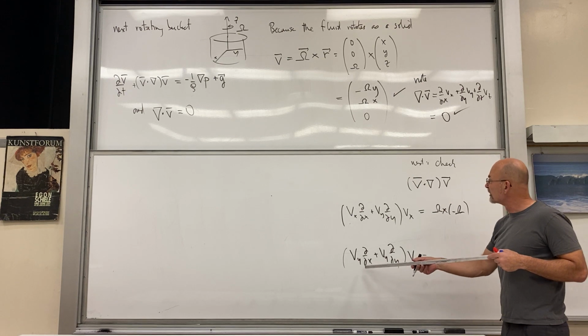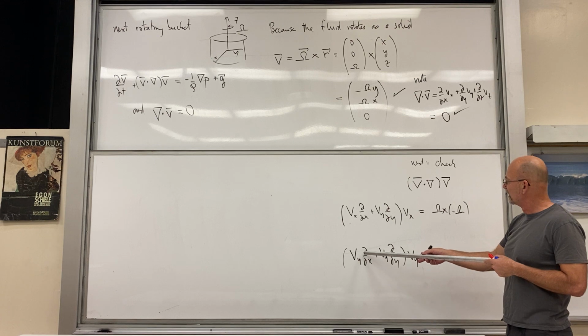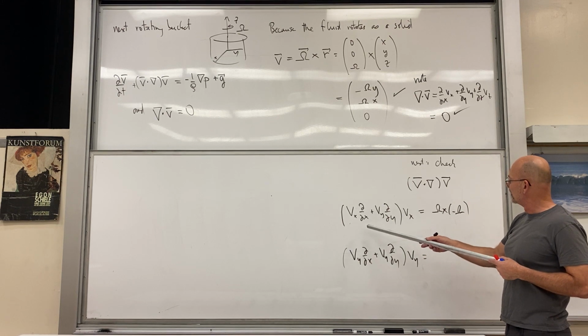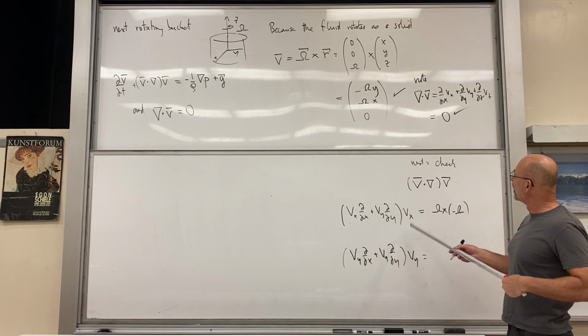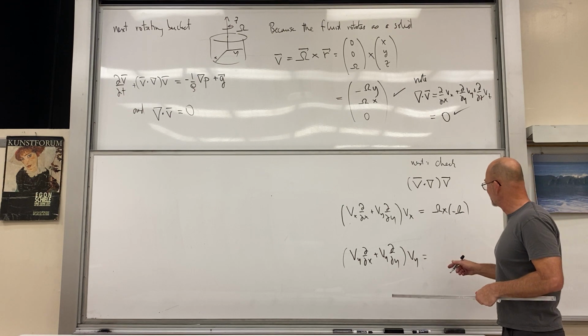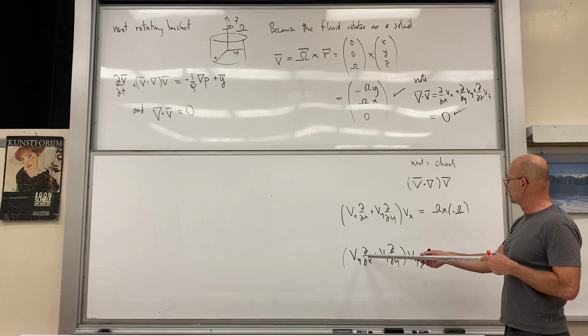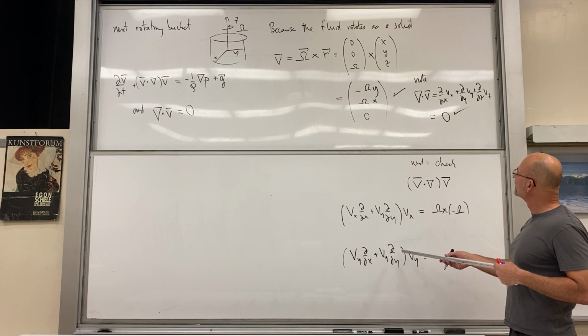And then down here for Vy, Vy d over dx of Vy, so we have something, Vy d over dx, Vy, you get the same sign under it.